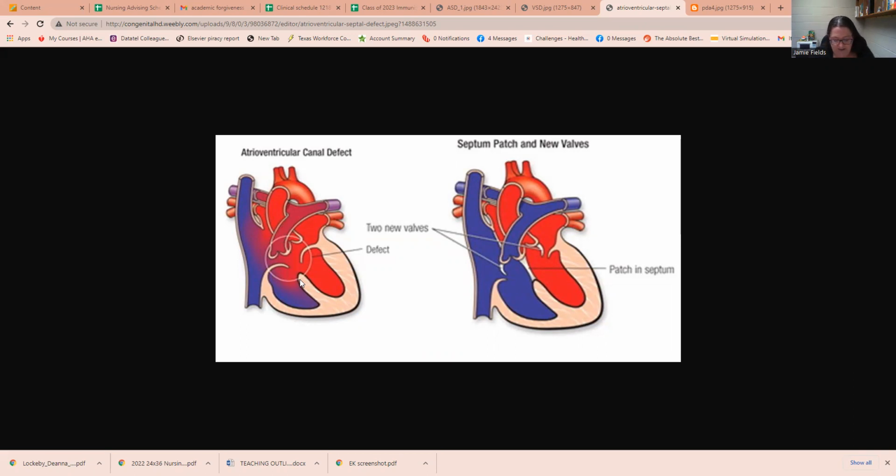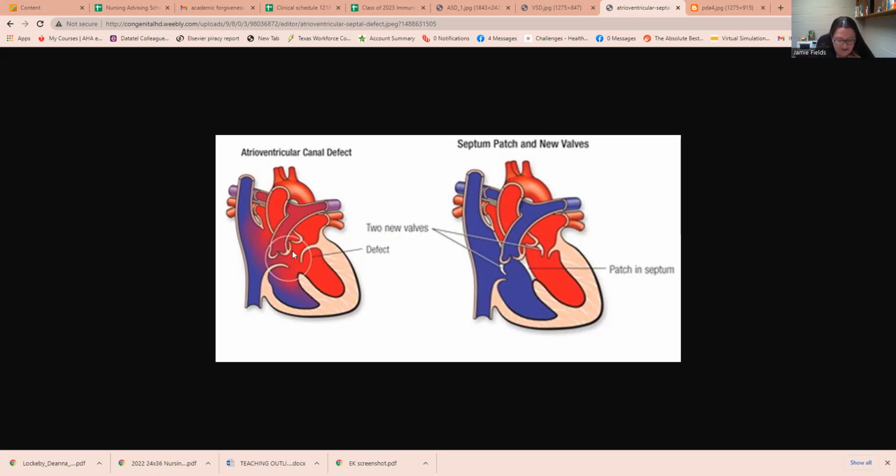And it also means that the mitral and tricuspid valves that go between the atria and ventricles are not completely formed either. So when the atria contract, the blood goes down to both ventricles. When the ventricles contract, the blood goes out to both the pulmonary artery and aorta. So there's basically a large valve in the middle of the heart, and all of the blood from all four chambers mixes. Okay.